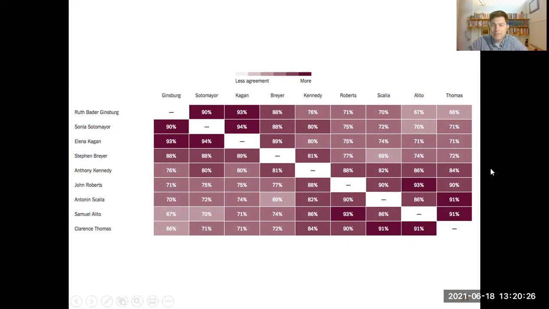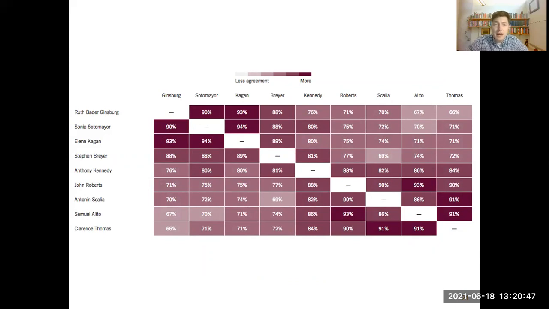So for example, if we look at Clarence Thomas, often regarded as a very conservative justice, and compare him to Justice Sotomayor, then we find that the 2 justices actually agree usually about 71% of the time.